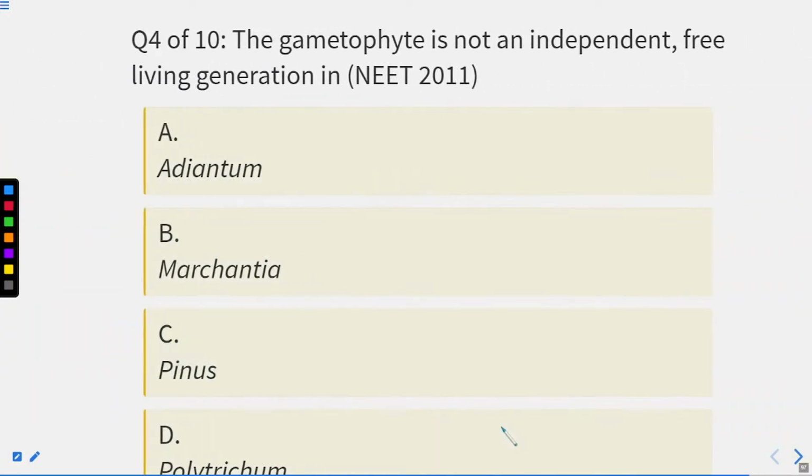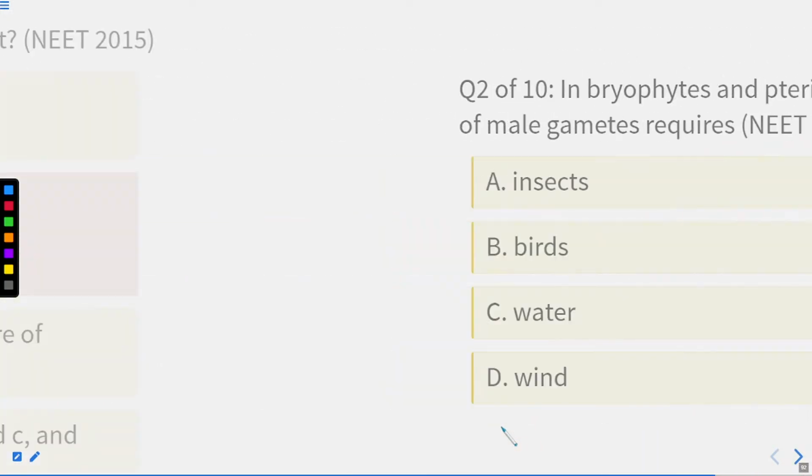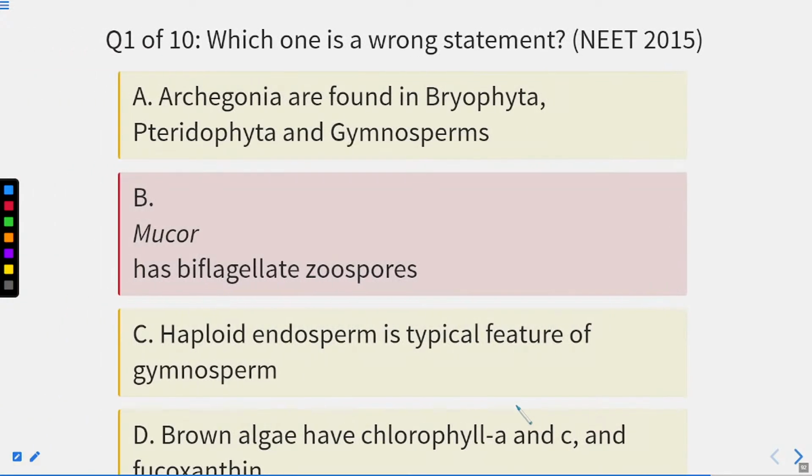Chlorophyll A and C. And they also have one brown pigment that is called fucoxanthin. So this is the correct statement, right?